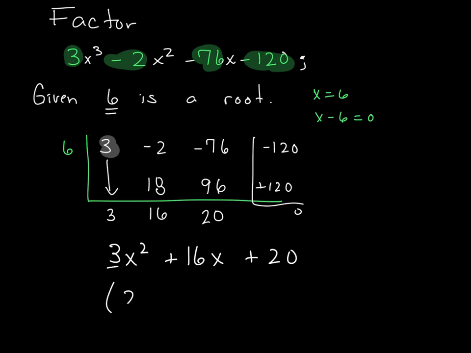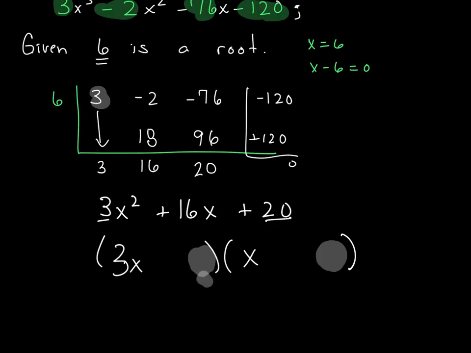So I know my first two terms have to be 3x in the first parentheses and x in the second. The other thing that I know is that the factors of 20 need to go in the back two places of the binomials. Now, how do I want that to work out?